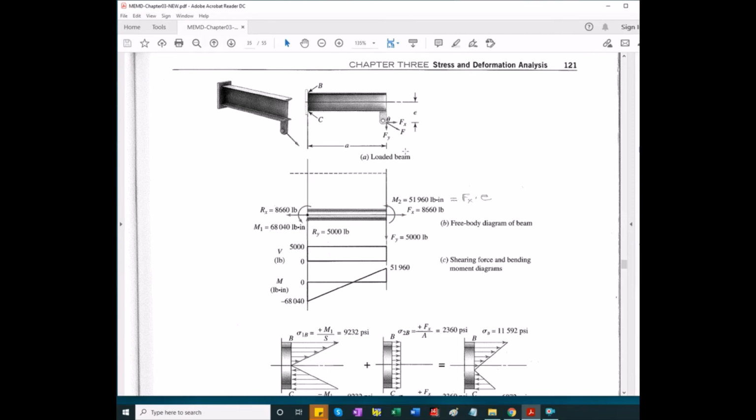Due to the eccentricity e, we have a moment that is acting counterclockwise, and it's shown here. It's equal to the horizontal component of the force times eccentricity e. So that acts like a concentrated moment at the end of the beam. We have an axial force equal to the x component of the force, in line with the centroidal axis.